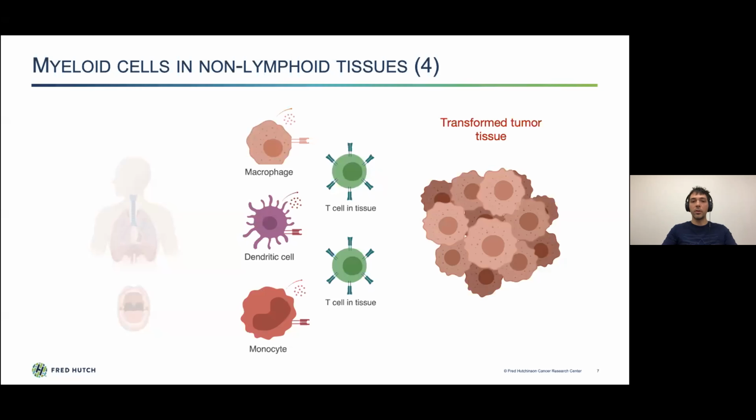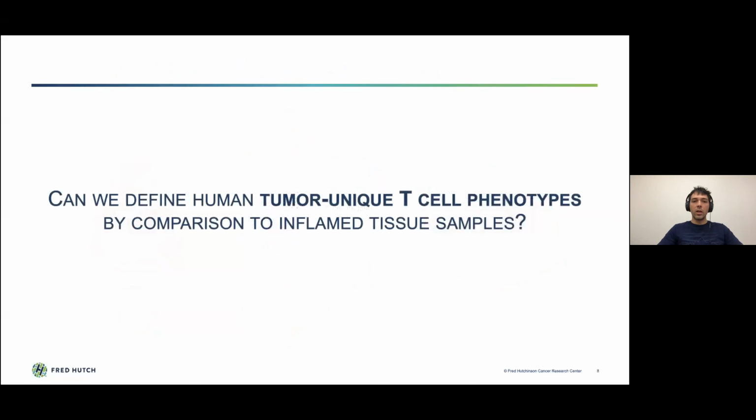And that's basically the question that we try to address in this project: can we make a comparison between immune cells that are infiltrating a tumor and immune cells that are infiltrating a generally inflamed tissue microenvironment, and can we use this to define truly tumor-unique T-cell phenotypes by comparing these two setups.